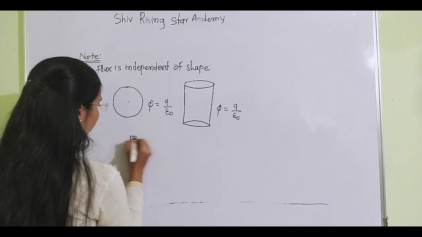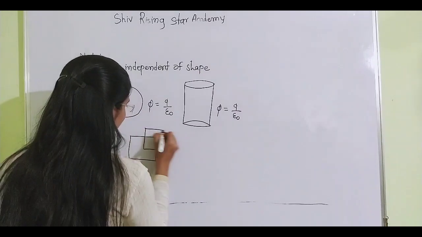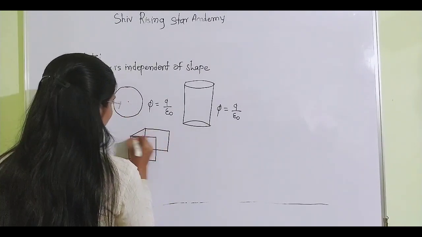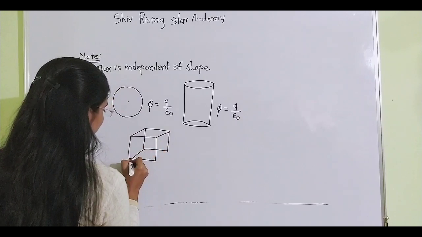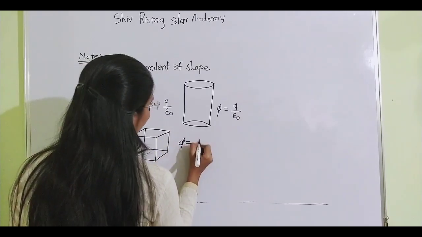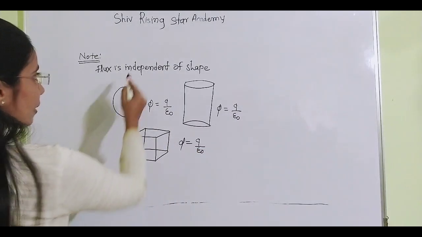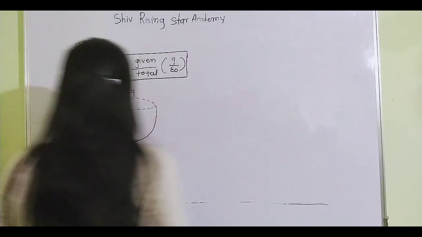Consider a cubical shape, and the flux of this is Q by epsilon naught. So the flux is independent of shape.